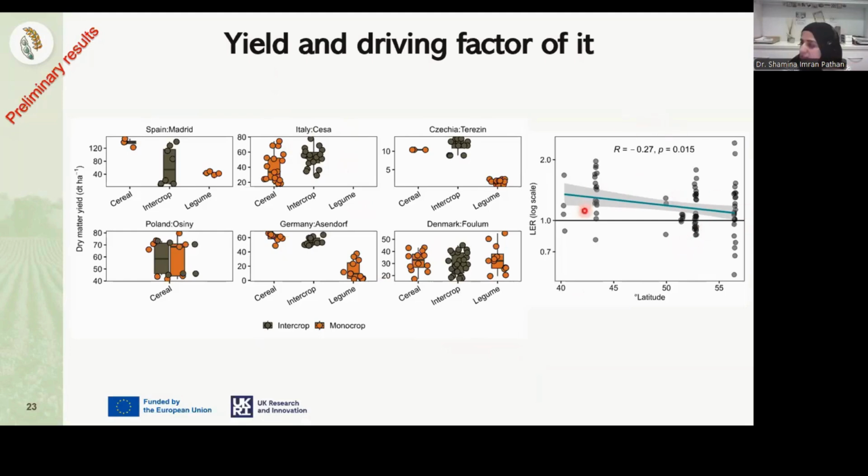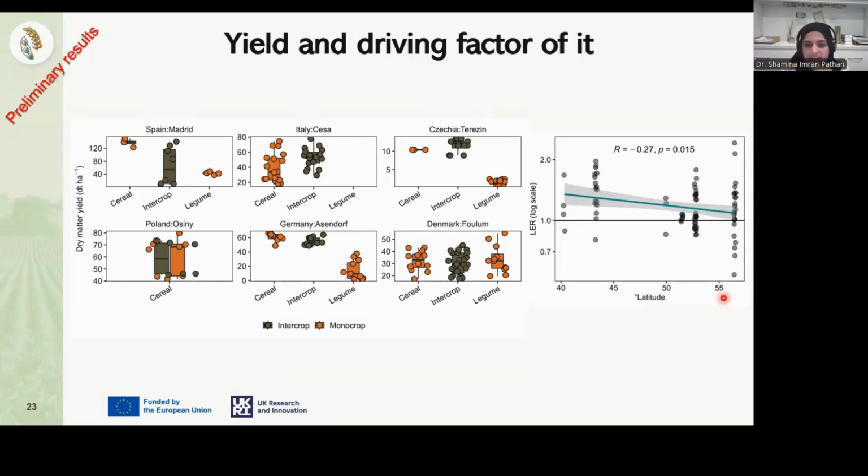But this plot is showing that the yield is significantly correlated with latitude. What we found is that when the climate is warmer, the intercropping has a higher positive impact on plant production.